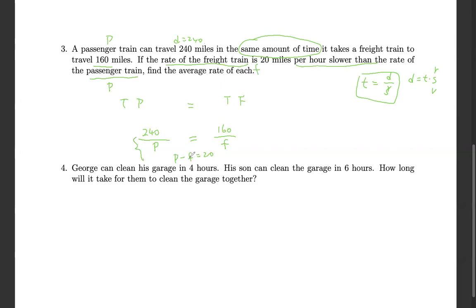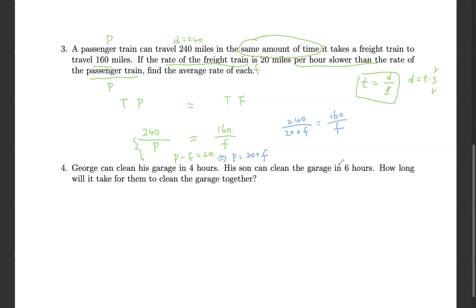Now with this system of equations, we need to solve it. So P minus F equals 20, we can write this as P equals 20 plus F. Now we can substitute P with 20 plus F. That equals 160 divided by F.